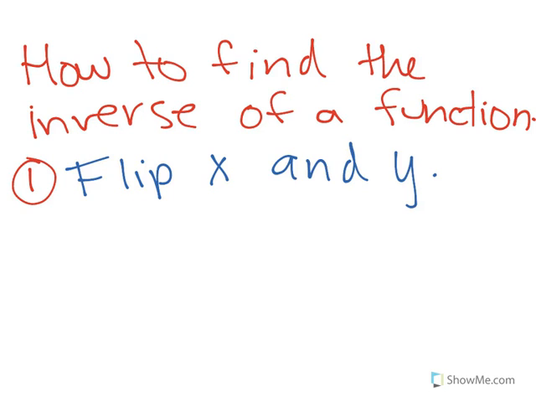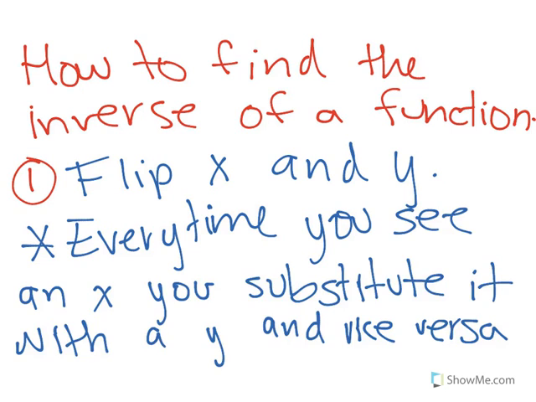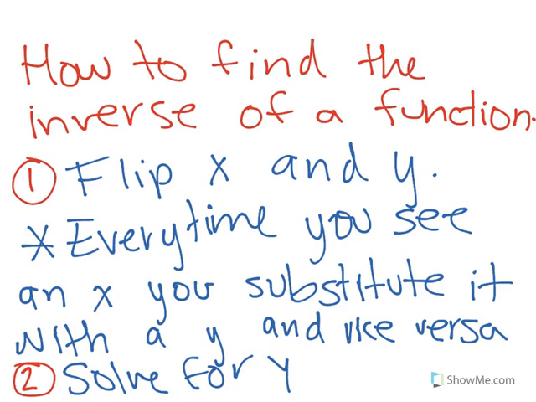What does this mean? This means that every time you see an x, you substitute it with a y and vice versa. And then you just solve for y to have your final function. Solve for y.